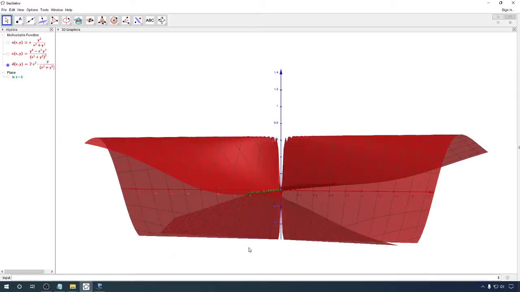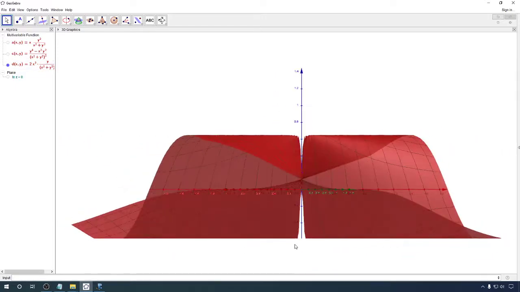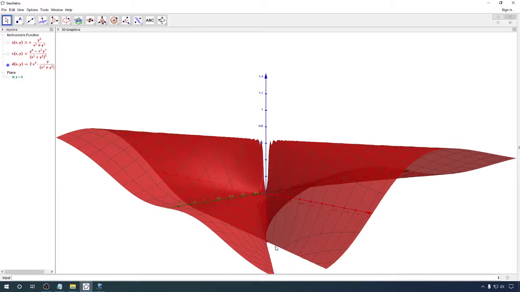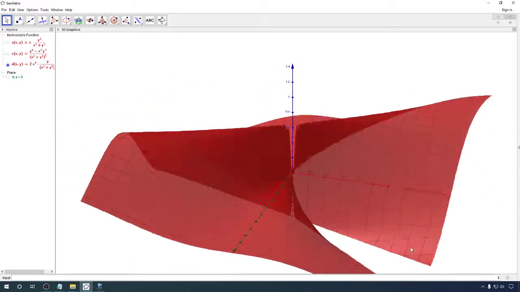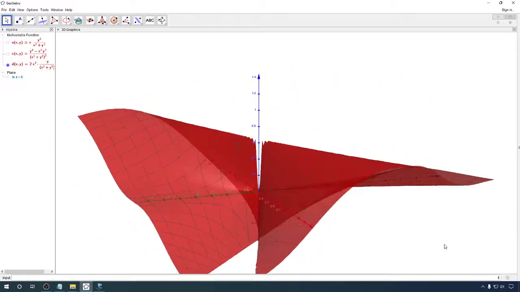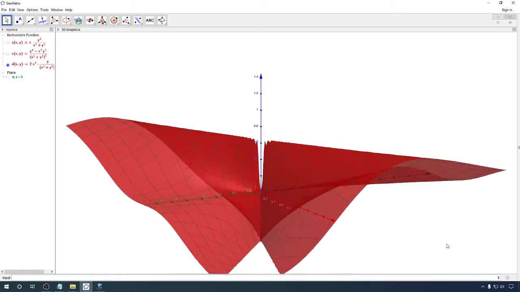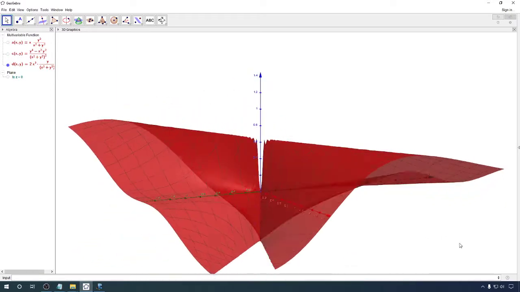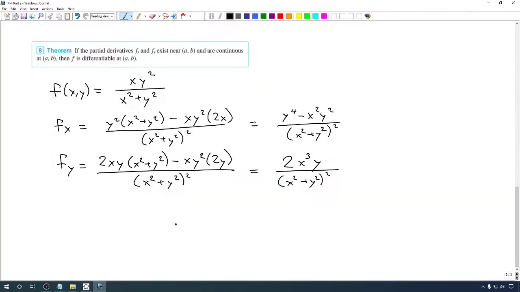And then down here, instead, we're going to maybe like negative 0.6, something like that. But really, you should be able to look at the graph and tell that things are not going to be working very nicely at the origin. These are definitely not continuous functions.